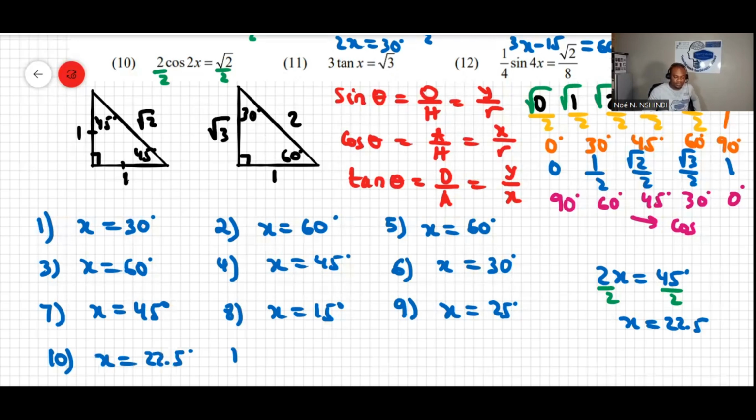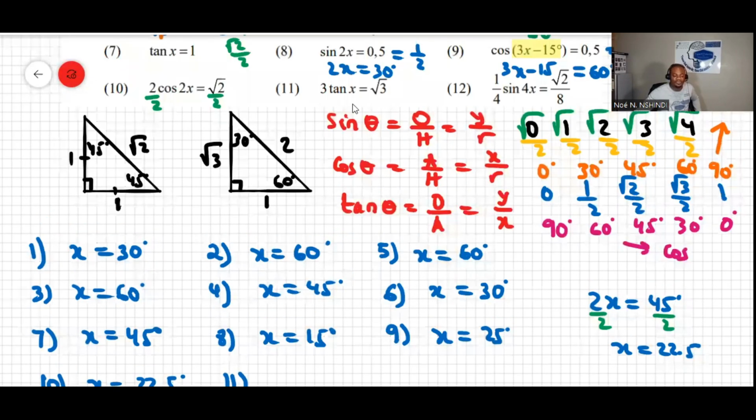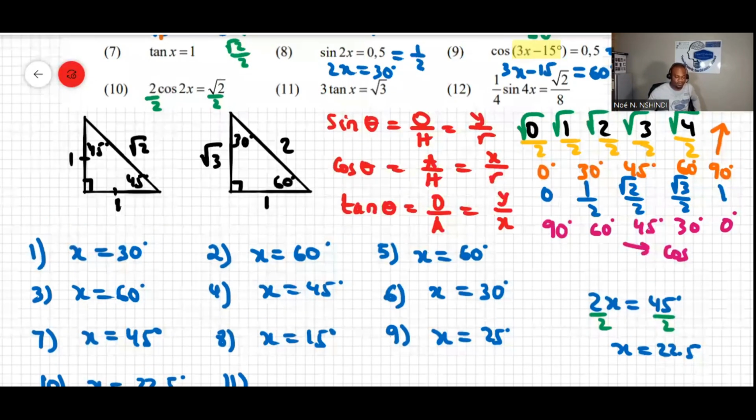Question 11, 3 tan 10x equals root 3. All I can do is divide by 3 there. You know, this is the rationalized form of 1 over root 3, because if I consider my angle is 30 degrees, for instance, tan 30 degrees is going to be 1 over root 3.